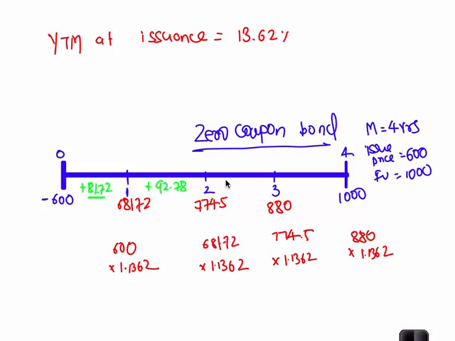Third year 106.5, and then it is 120. So this is the interest income for year 1, year 2 and year 3.